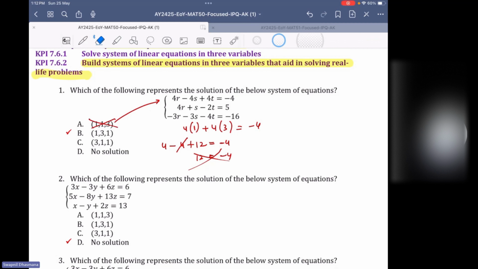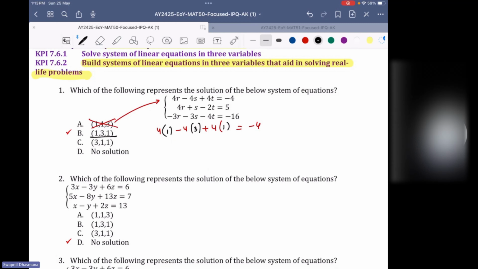Then let me choose the small eraser. Then you can use the second numbers, which is here, 1, 3, 1. So this will be 4 minus 12 plus 4 equals minus 4. So this will be negative 4 equals negative 4, which means this could be my answer.